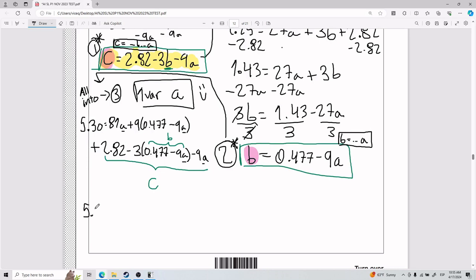So 5.30 equals this 81A that we talked about, plus 9 times this.